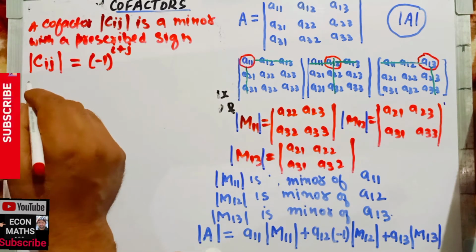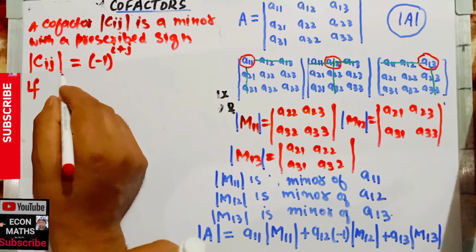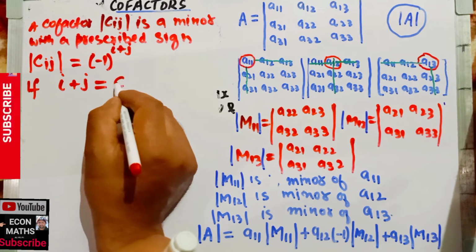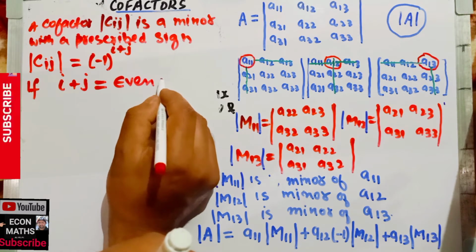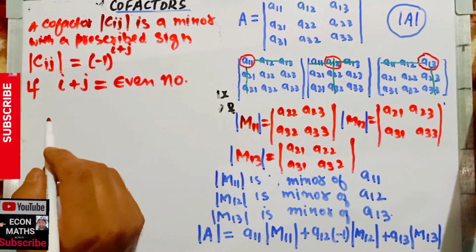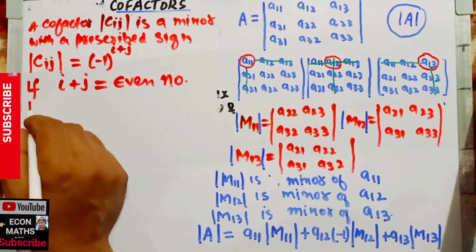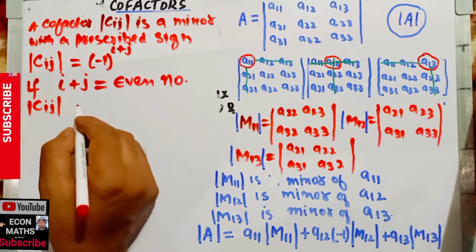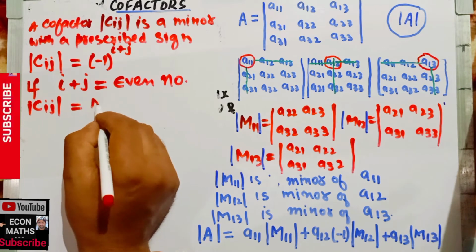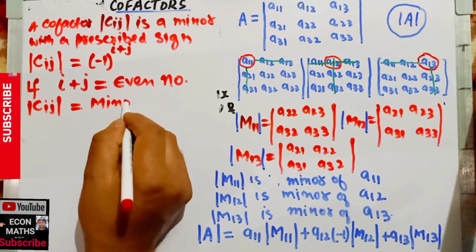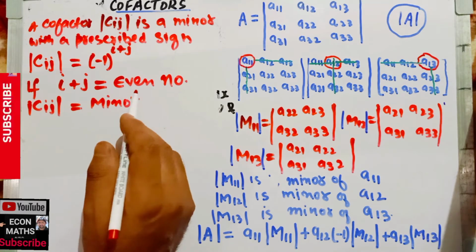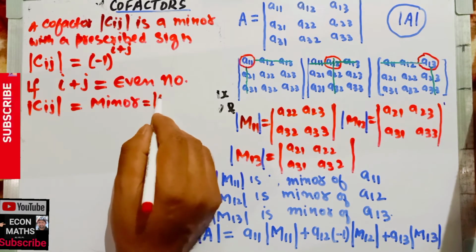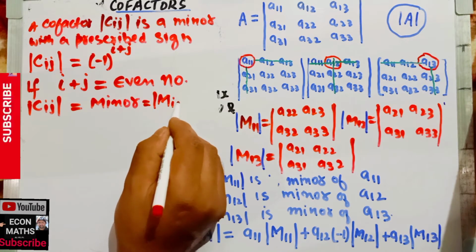That is, if i plus j is an even number, then this Cij, the cofactor, is equal to the minor, which we have seen, Mij.